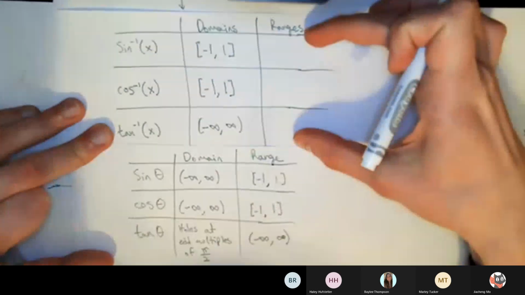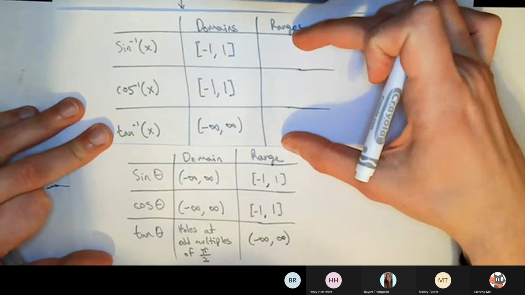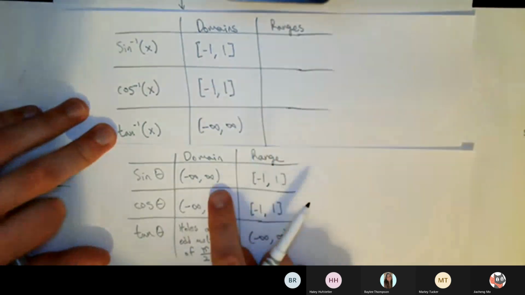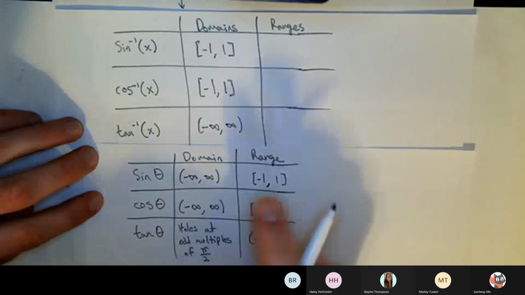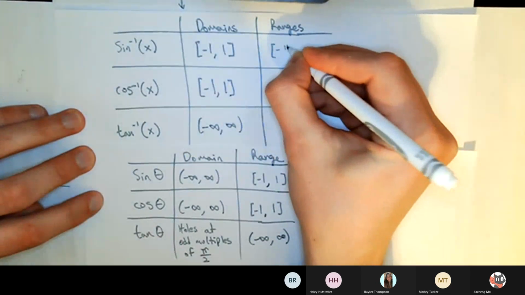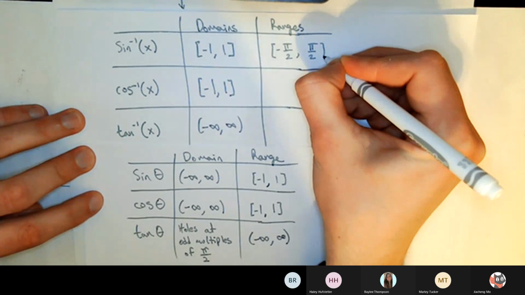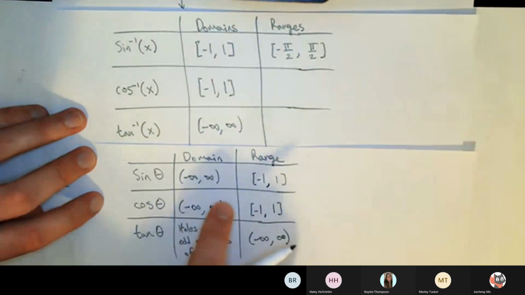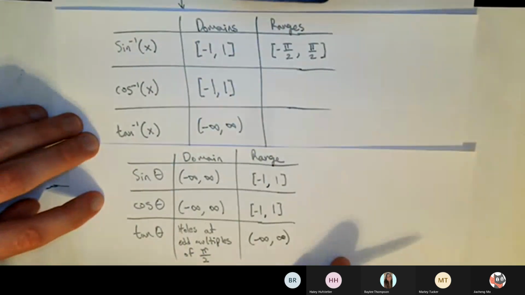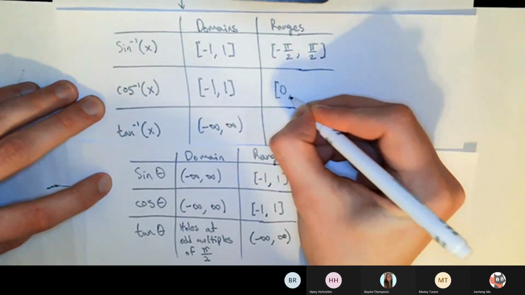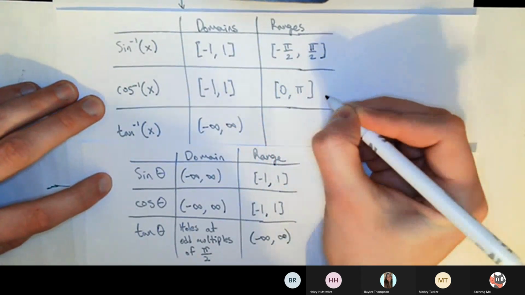Now the restricted domains get copied here as the range of the inverse functions. The restricted domain for sine was negative pi on 2 to pi on 2, so domain is going into range now. The restricted domain for cosine, that now becomes the range of the inverse function, was 0 to pi.